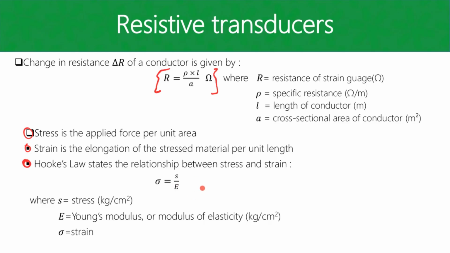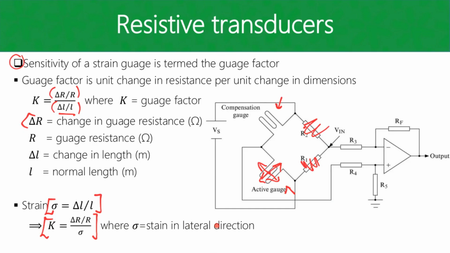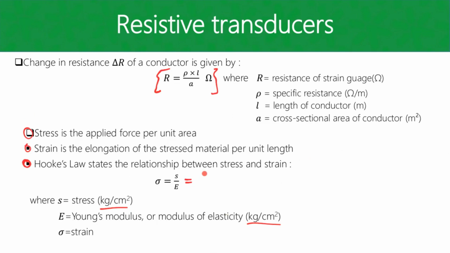That's then going to be kilograms per centimeter squared. The stress is also kilograms per centimeter squared. And yeah, so that will also give us the strain. So this here is also equal to that. Right. Cool.